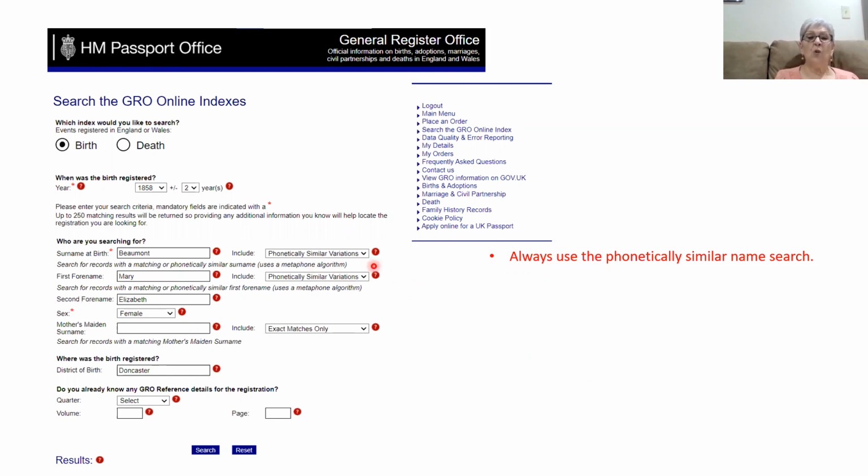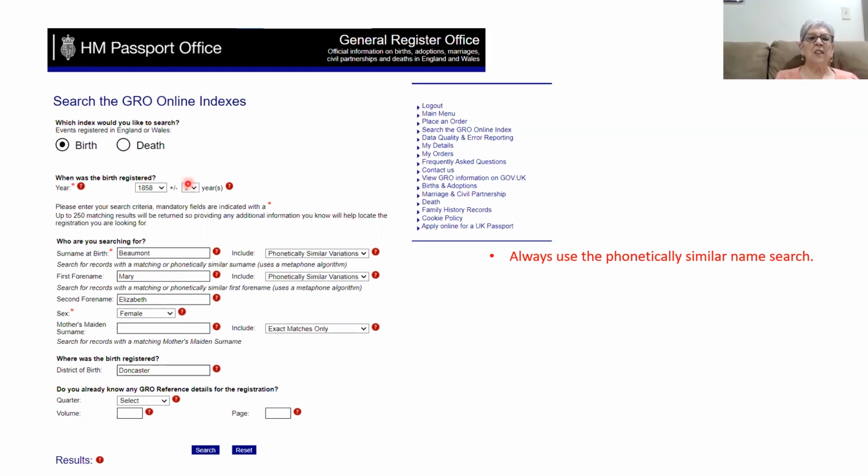So you just always use the phonetically similar variations search. If you use the exact search, you probably won't come up with near as many good results. I always use the phonetically similar name search.